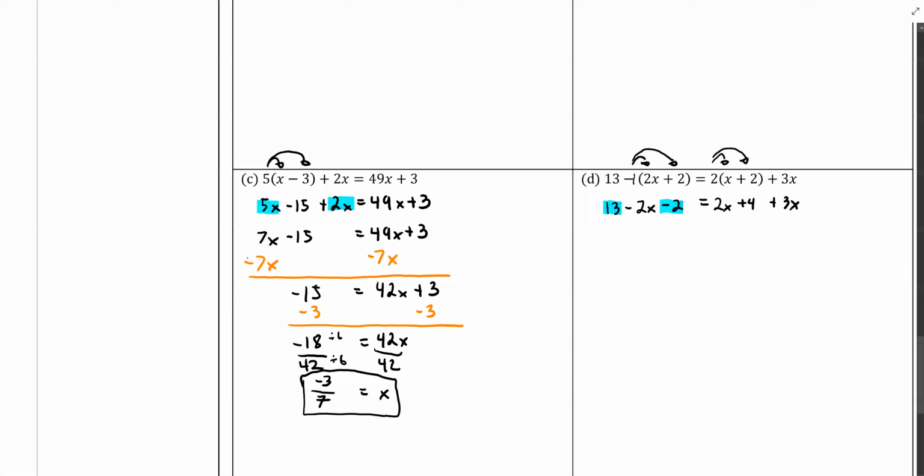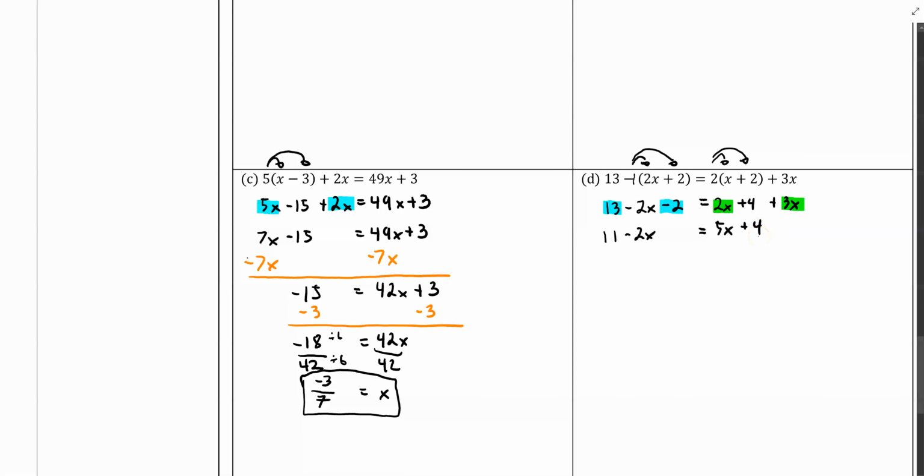And the right-hand side, we have like terms that are variable parts. So on the left-hand side, we are going to combine the 13 and the negative 2, which gives us 11 minus 2x. And on the right-hand side, combining the 2x and the 3x gives us 5x plus 4.